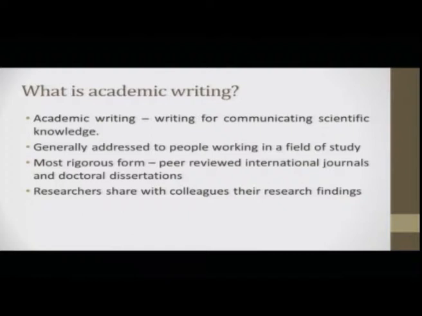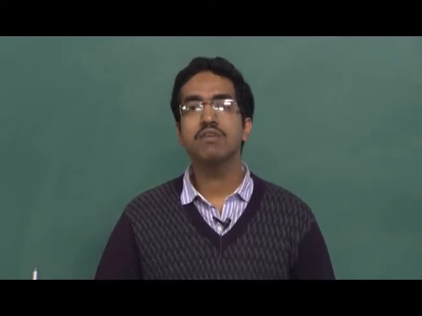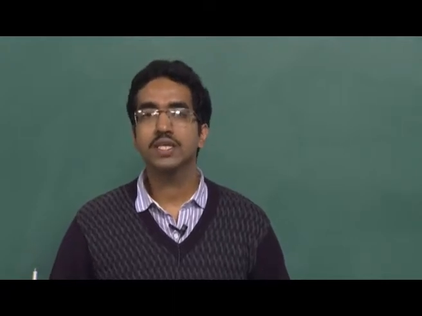If somebody asks you what exactly is academic writing, you can say that this is writing done in academic circles, mainly to communicate scientific knowledge. So, the audience here is people working in a particular field of study, maybe physics, chemistry, or English, any field of study.